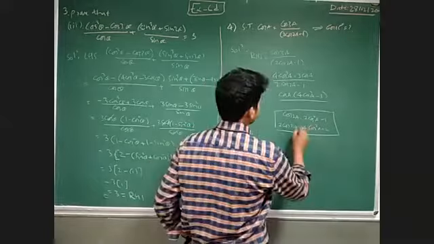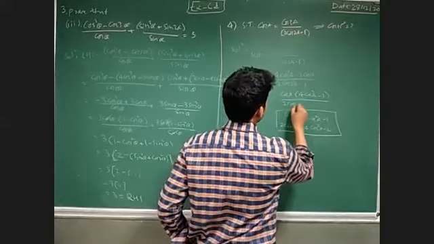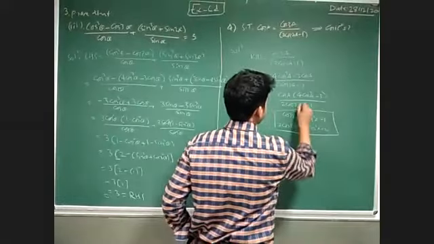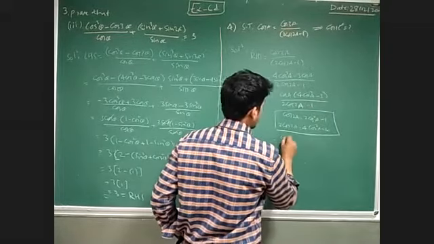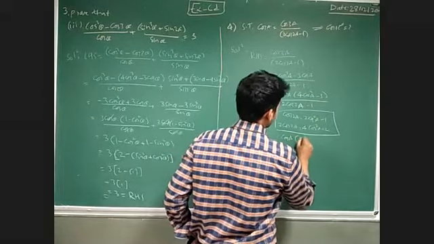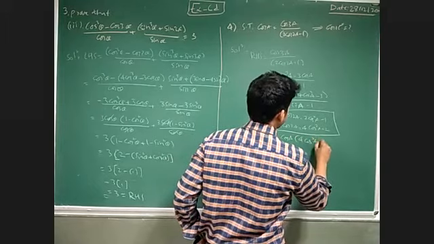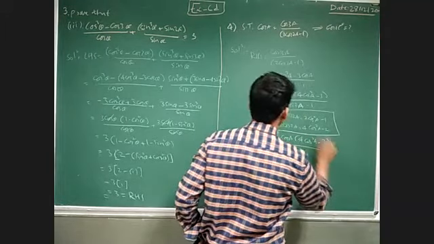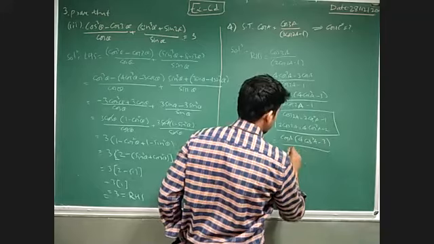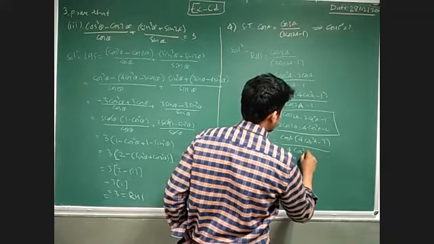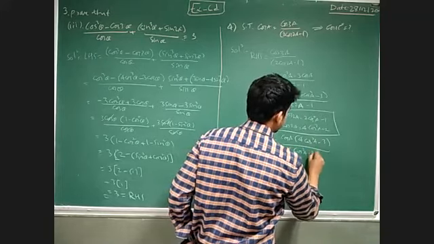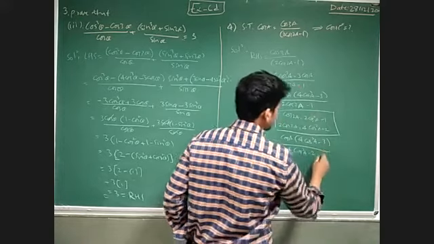So 2 cos 2A minus 1 becomes 4 cos square A minus 2 minus 1.